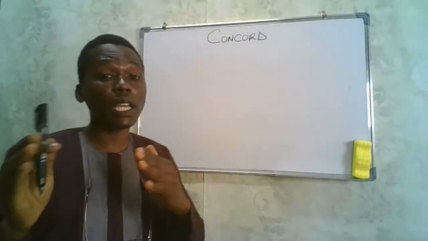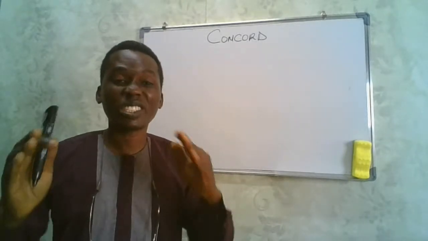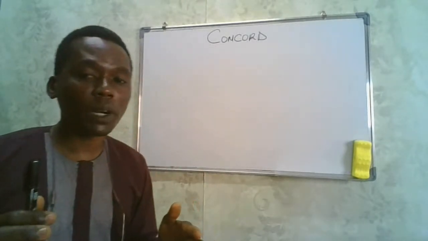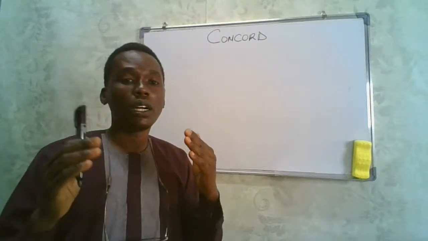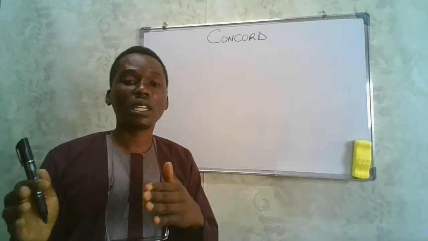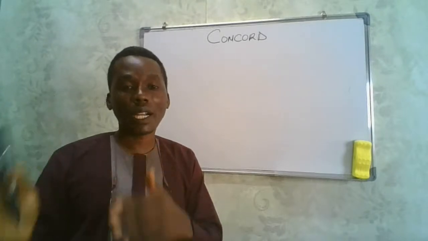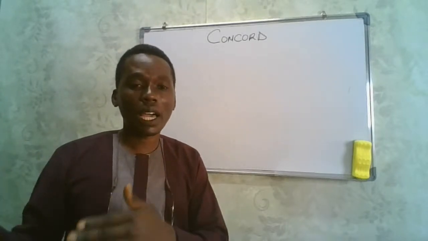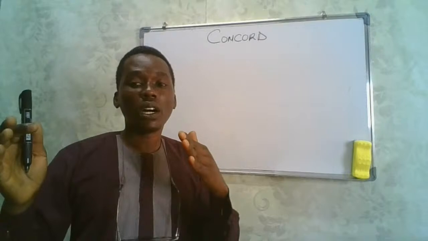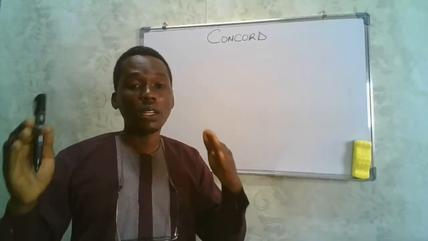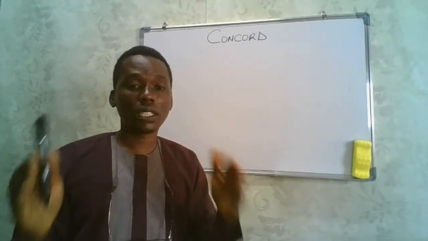Now remember the element of clause structure or sentence structure we discussed about. It can be the subjects, it can be the complements, it can be the adjuncts. All these are elements of the structure of any good English sentence.